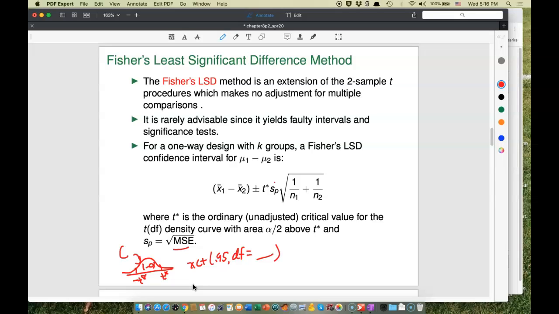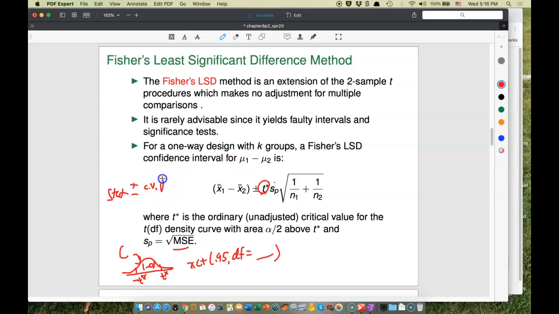So I want to point out at this point that all the cases that we look at are going to have the same form, all three methods. It's going to be like our stat, a difference in means, plus or minus, well, we had margin of error before. It's going to be a little bit more: we'll have a critical value of some sort, here it's t star.